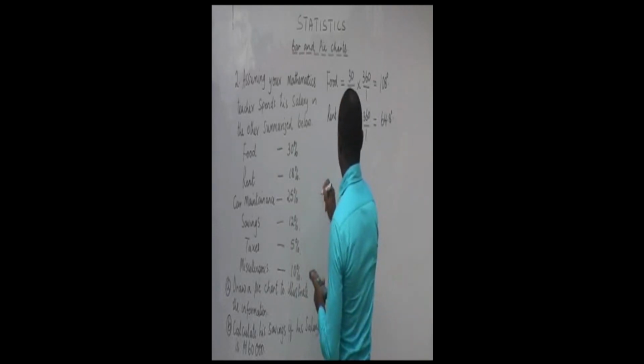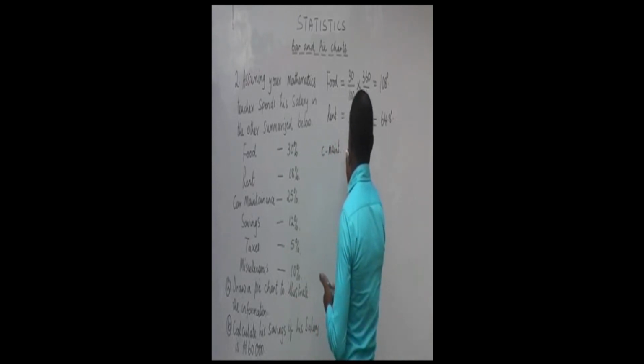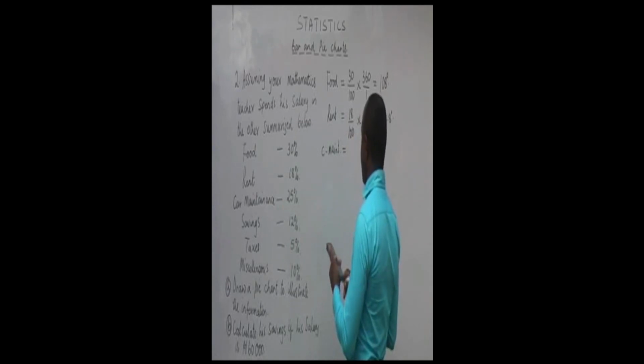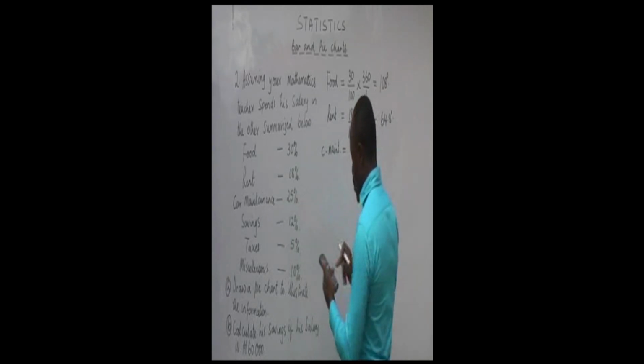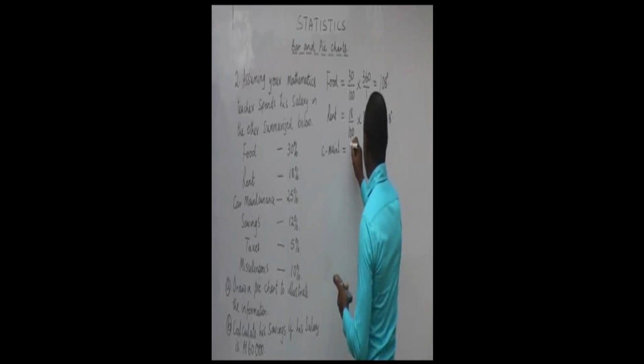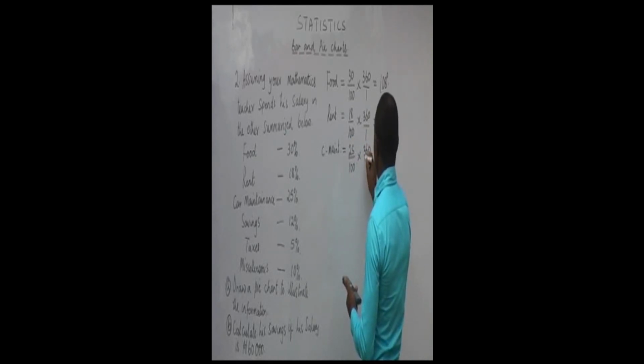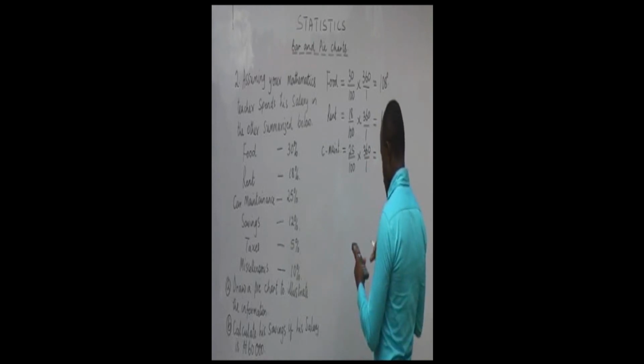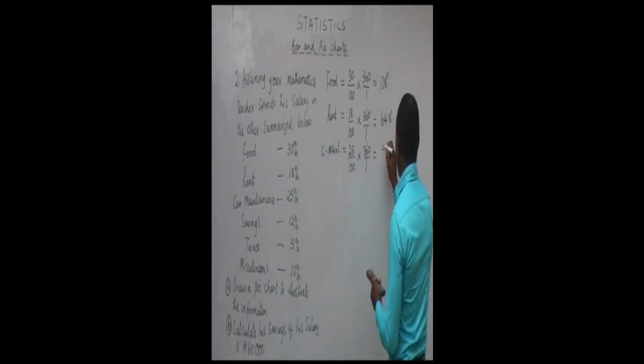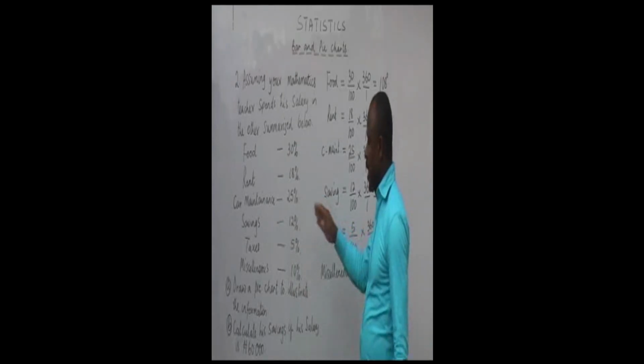The next is car maintenance. Car maintenance takes 25%, so we are going to have 25 divided by 100 times 360 all over 1, which gives 90, a right angle. It will continue in that order. Savings will give you 43.2 degrees.